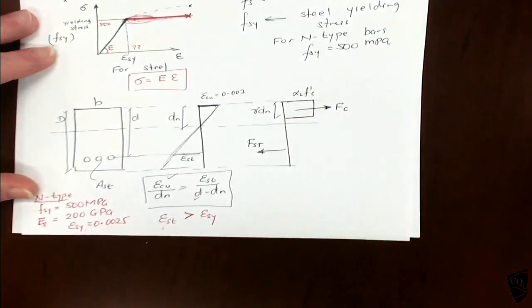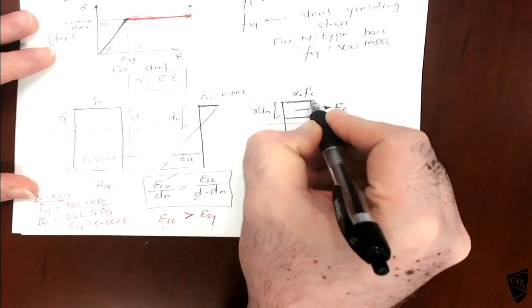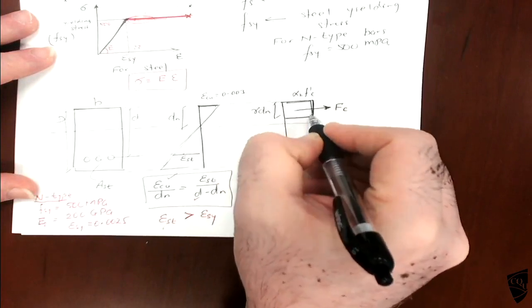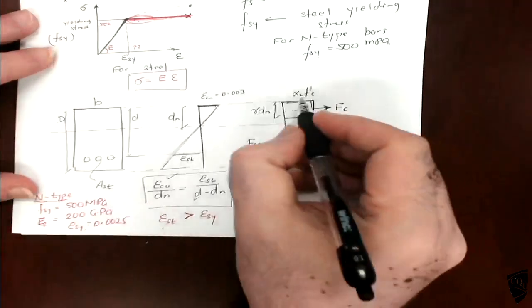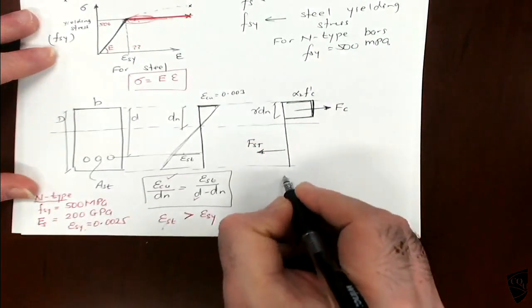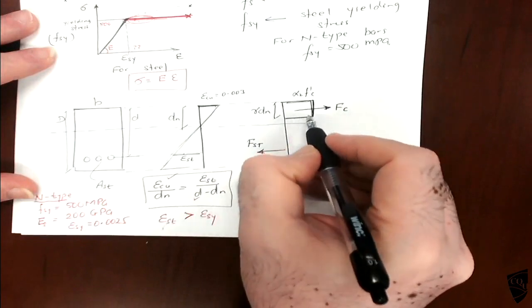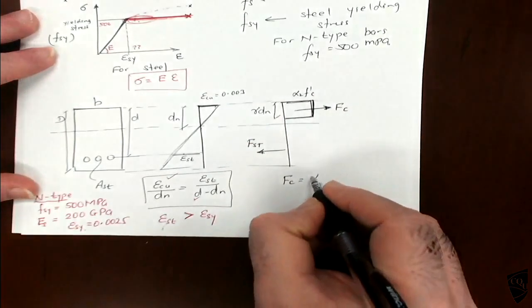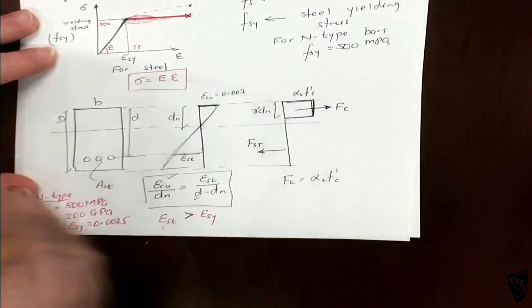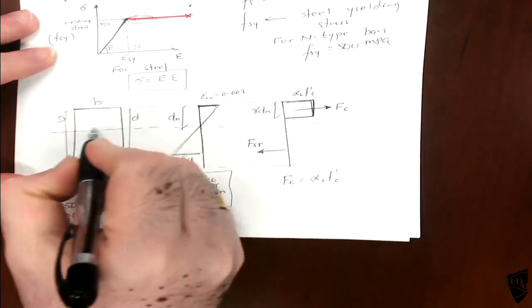This is the standard size, so uniform stress. If you have uniform stress, force is equal to stress times area. Area is the concrete area.